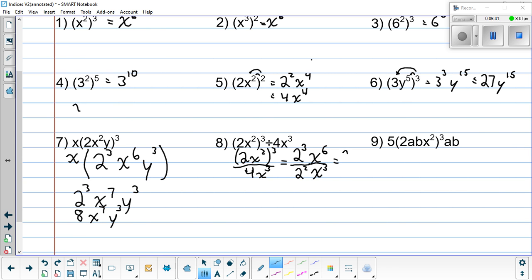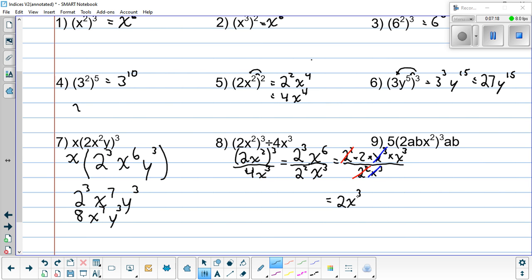Because we can break up the top as 2 squared times 2 times x to the 6, or even x to the 6 we can break up as x to the 3 times x to the 3, right? Because we just add those. And we can write that over 2 squared x cubed. So we can actually then cross out this 2 squared and this 2 squared because it'll be 1. And then this x cubed with one of the x cubes. So we can write our final answer as 2x cubed.